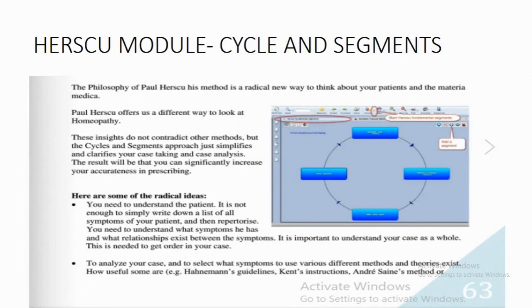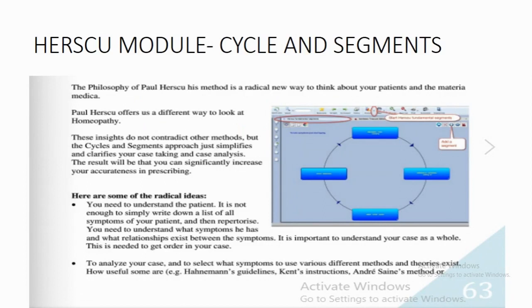Suppose a patient comes to you with the same set of symptoms, and there is a triggering factor, which can be a mental or a physical factor as well. Suppose a patient gets complaints after loss of sleep, so loss of sleep is one quality which leads to the rest of the problems. If you see certain cycles or the same set of symptoms that the patient comes with every time, you can use Herscu's module in those cases.